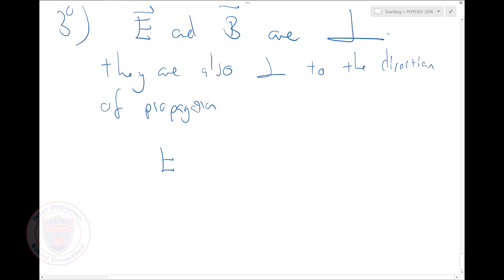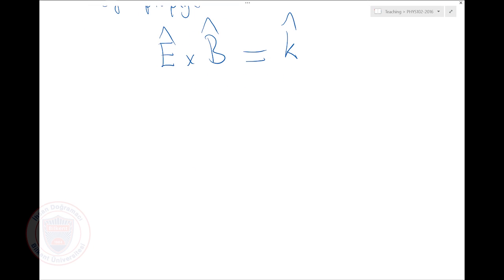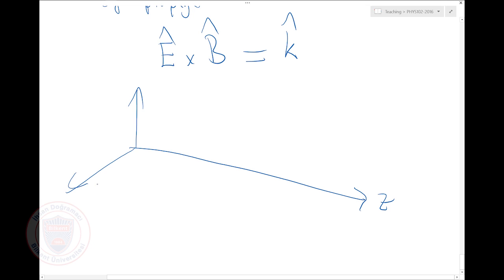So there is also one more important thing. It turns out the direction of E cross the direction of B is equal to the direction of propagation K. Right? So if I actually want to plot these fields, let's say this is the direction of propagation Z here. This is my x-axis and this is my y-axis.